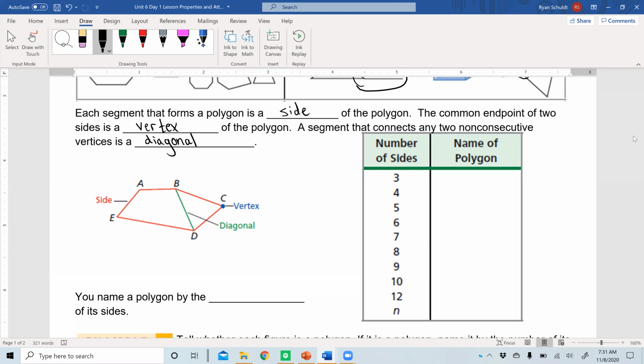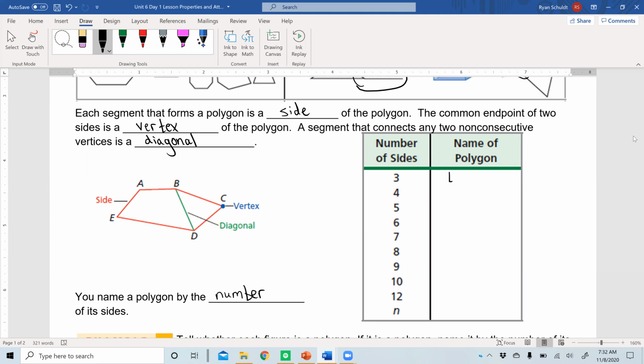But we can also name them by the number of its sides. How many sides does it have? And we're going to use this list over here. These are our most common ones. You will have to have these memorized for the test.